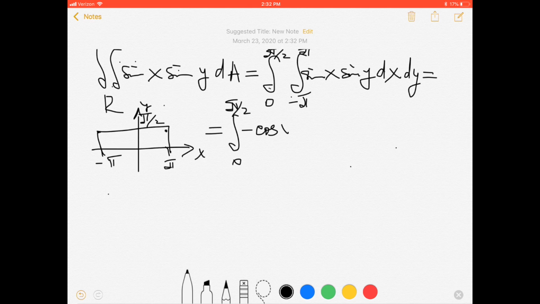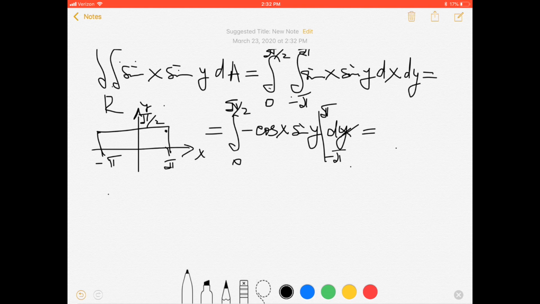Negative cosine x sine y, x changing from negative pi to pi, and we continue to integrate for dy. Plugging in, cosine pi is negative 1, and we have minus, this means 1.